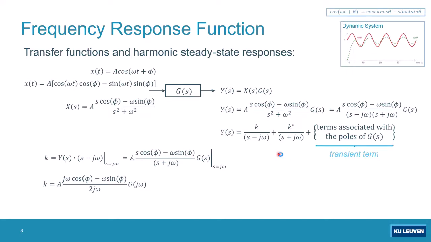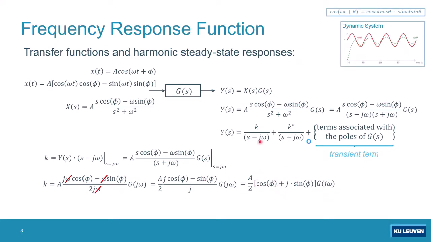Okay, I can cancel all of this omega here, and this will be my k, right? Or I can simplify this form also. I can rewrite this k into this form, right? This is pretty straightforward. I just cancel the j here and then multiply with j for the second term here. So this is my k.